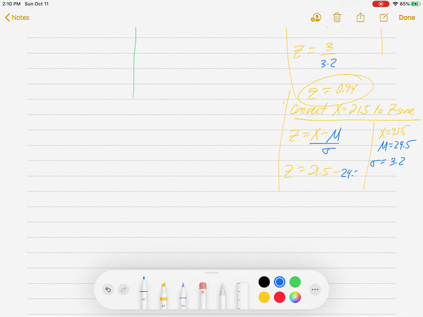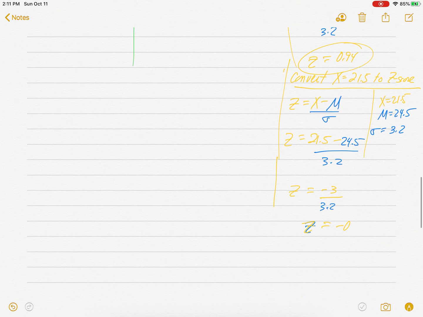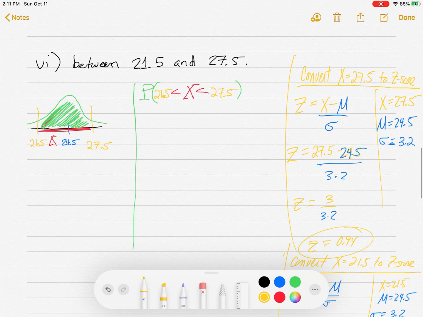Let's plug in. 21.5 minus 24.5 divided by 3.2. If we do that, we're going to get Z is negative 3 divided by 3.2, which is going to give us a Z-score of negative 0.94.